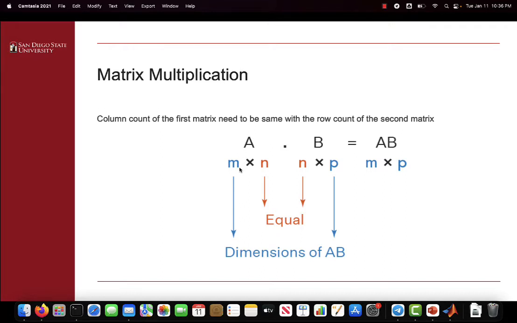In here, if you multiply an m by n matrix and an n by p matrix, the result will be an m by p matrix. As you see here, the column count of the first matrix and the row count of the second matrix should be the same. In here, they are both n.